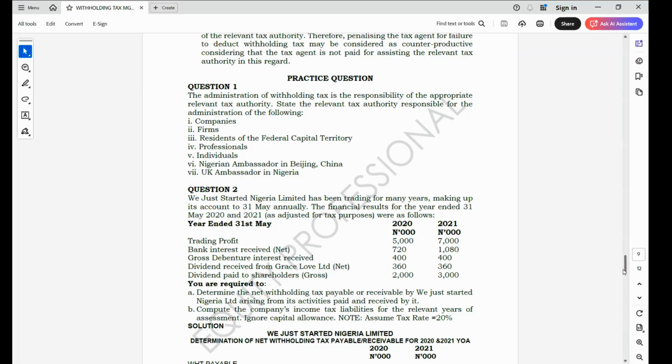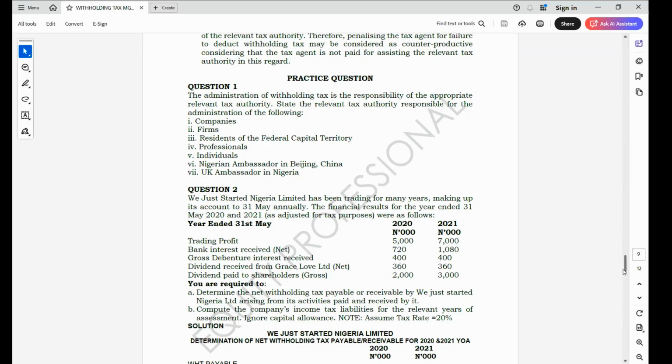Then Roman figure 4, professionals. Who is the relevant tax authority? I think for professionals, it will be the state, because professionals are usually firms of what?